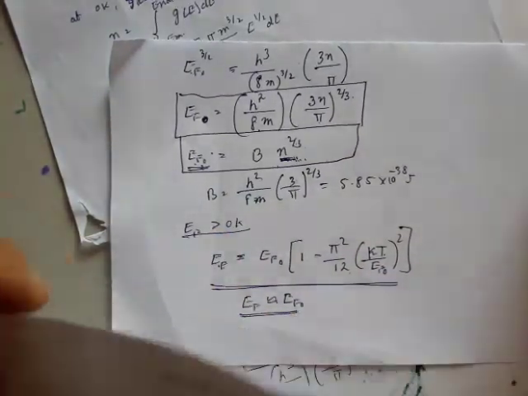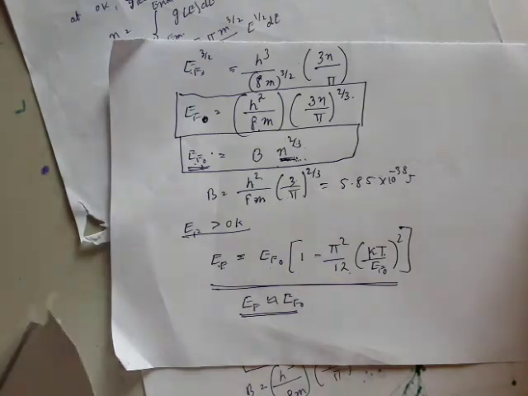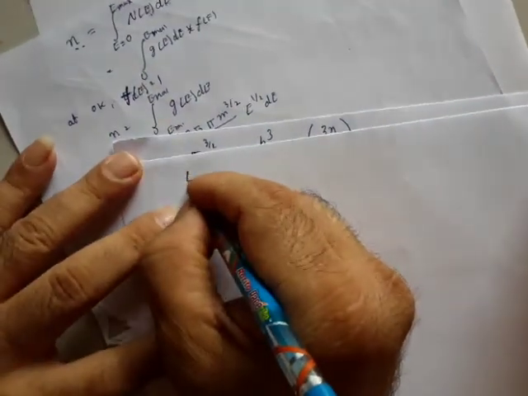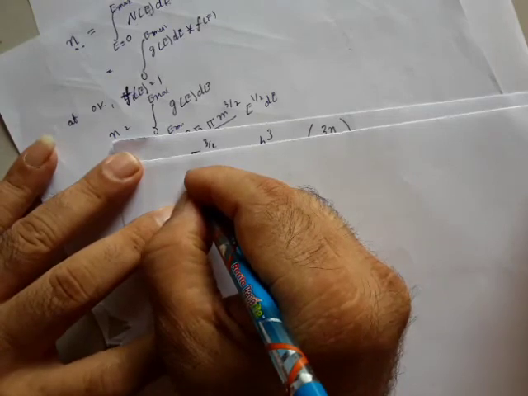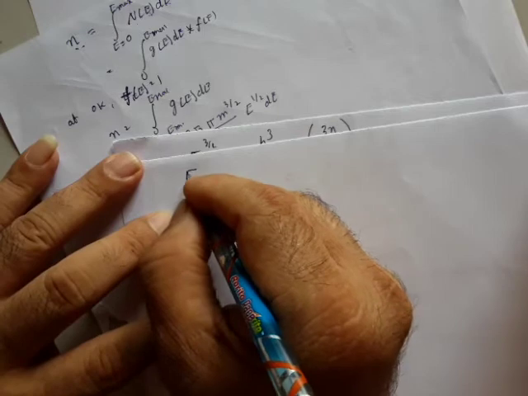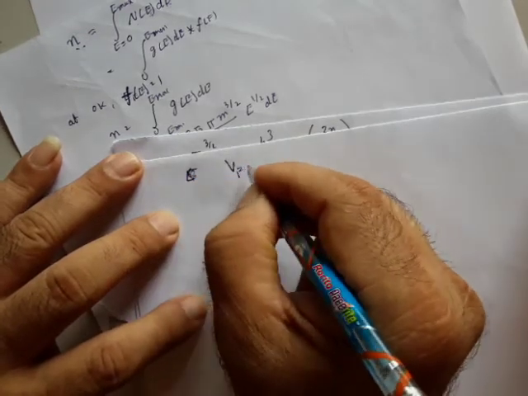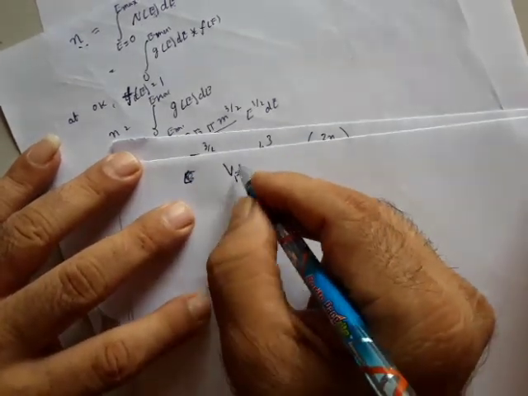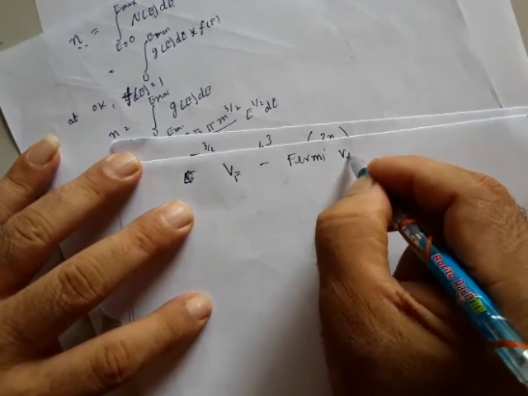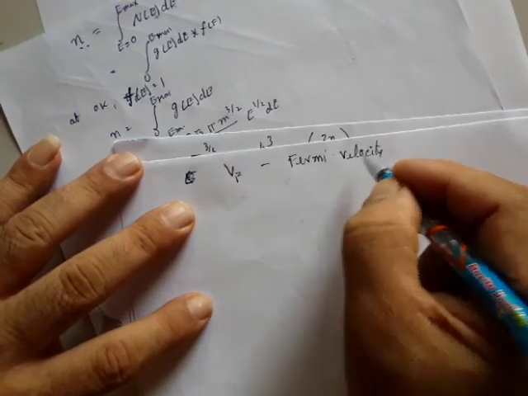Now, let us see what the Fermi velocity is, which I represent as V_F. By definition, Fermi velocity is the velocity of the electrons at the Fermi level.